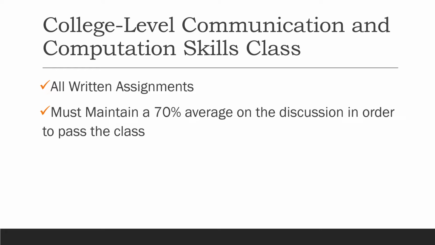So in other words, you must have a 70% overall grade on the discussions to pass the class. Even if you're showing an overall B in the class because you did really well on the exams, your final grade unfortunately will end up being a D due to not passing the written portion. I know, it doesn't sound fair, but it's a law of the state of Florida.